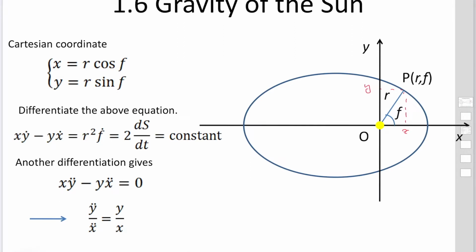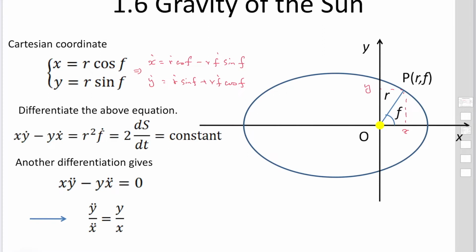From these equations, you can find x dot equals r dot cos φ minus r φ dot sin φ, and y dot equals r dot sin φ plus r φ dot cos φ.